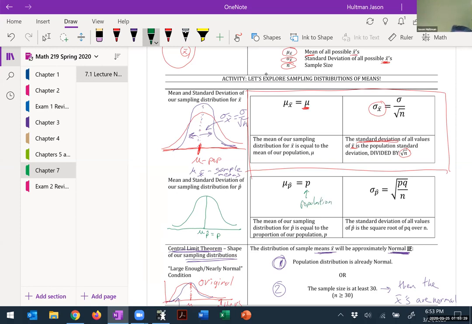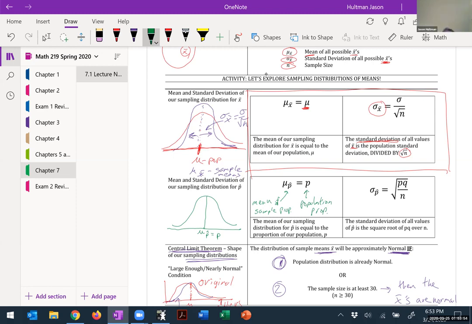So the average of the sample proportion is equal to the population proportion, very similar to the means.